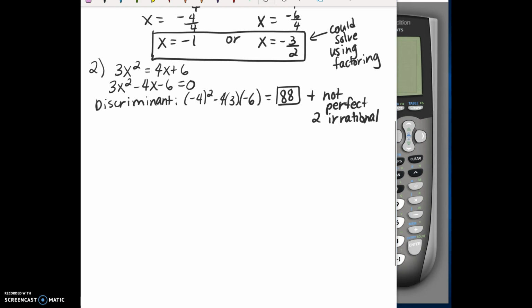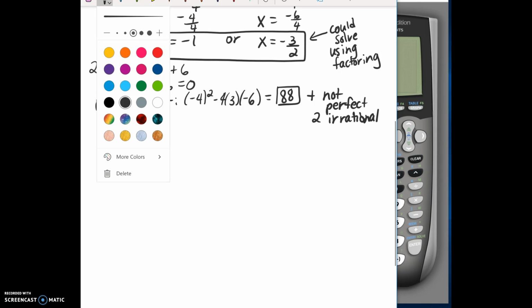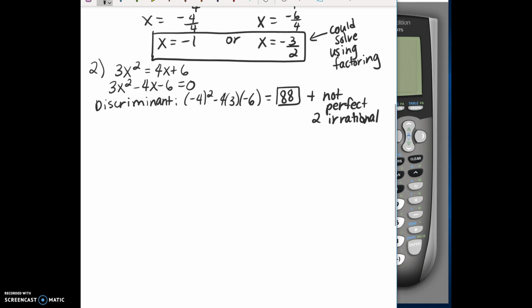All right, so now let's plug everything into the quadratic formula. Again, we already found the inside of the radical, so we don't have to do that again. Now, because square root of 88 is not a perfect square, we're going to pull this off to the side and simplify the radical, just like we did in our last unit.